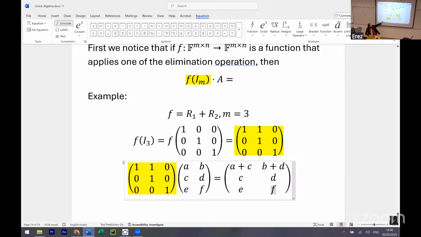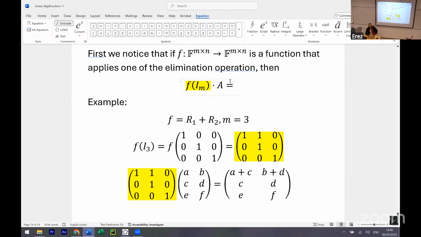So what did this matrix do to the other matrix? It added the second row to the first row. It did the very same operation. So now, what do you think I should write here? F of I times A equals F of A. Exactly.